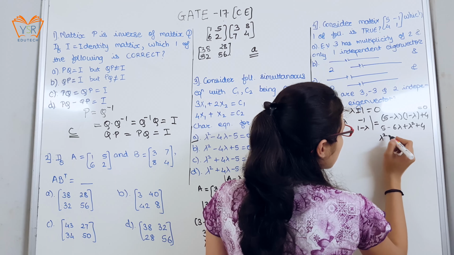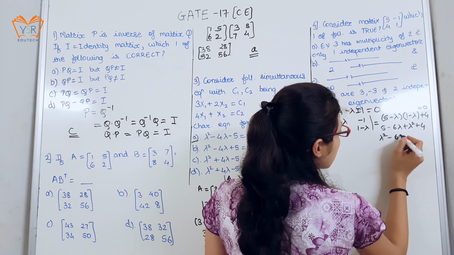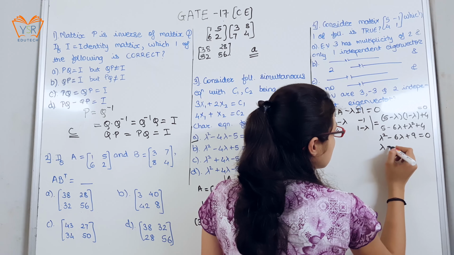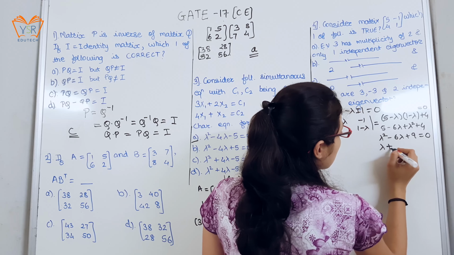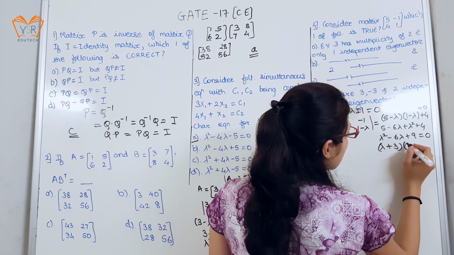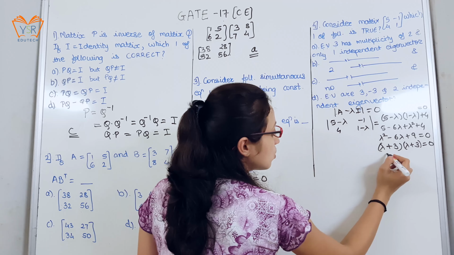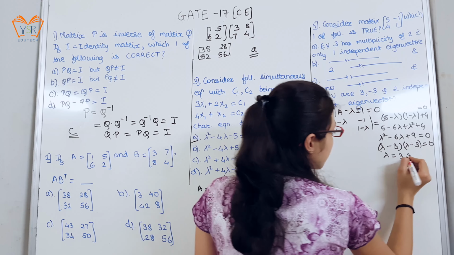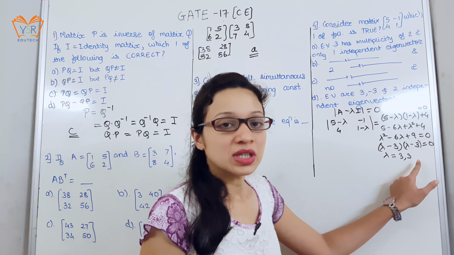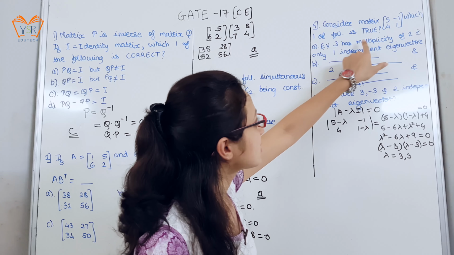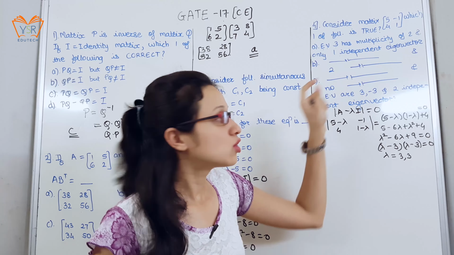So lambda square minus 6 lambda plus 9 is equal to 0. That is nothing but (lambda minus 3) into (lambda minus 3) is equal to 0. So lambda is equal to 3, 3. This is nothing but eigenvalue 3 has multiplicity of 2.